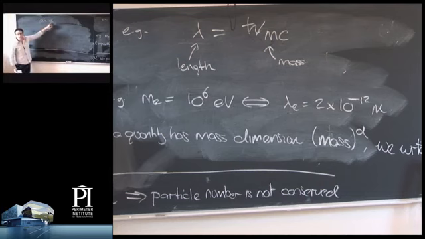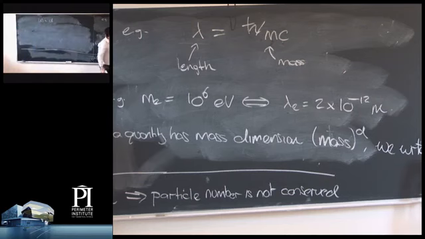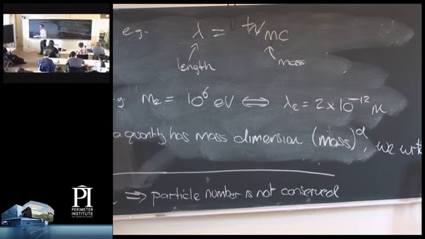You'll see things like this a lot. So some quantity has dimensions of mass to the d, put it in square brackets, and that's its dimension equals d. For example, if a quantity really has dimensions of length, d will be minus 1, because length is inversely proportional to mass. Is that clear? Have you seen things like this before? Yeah? Okay.